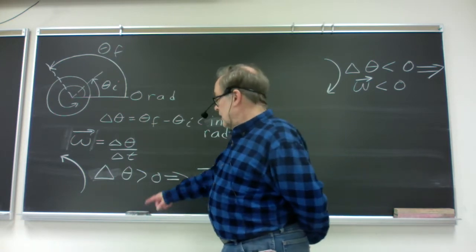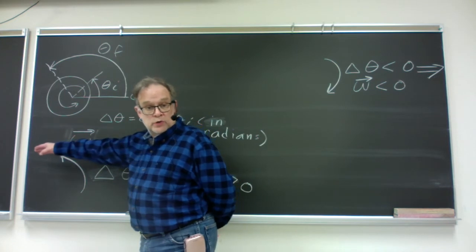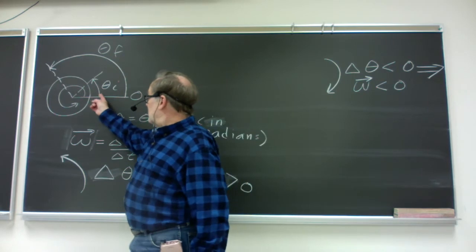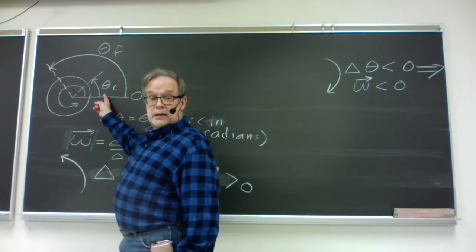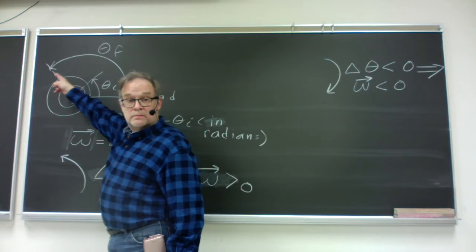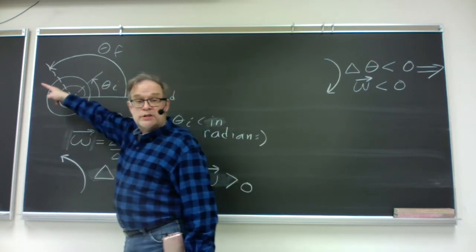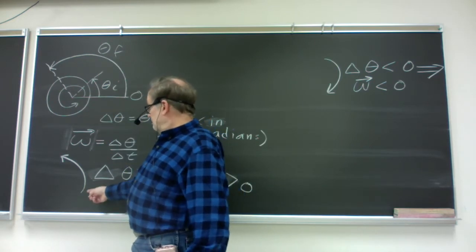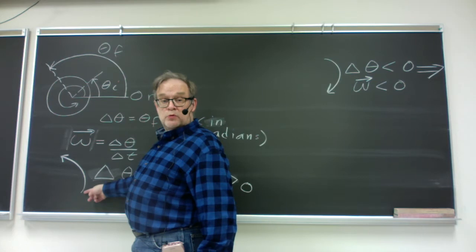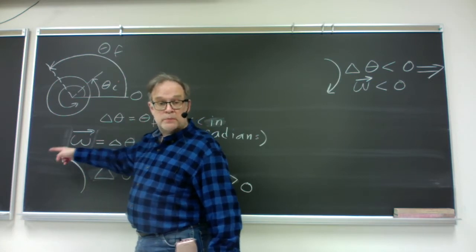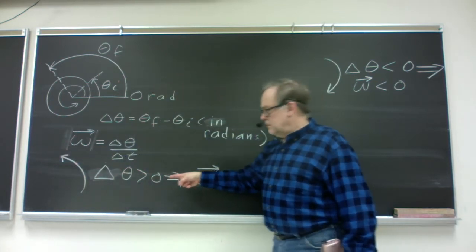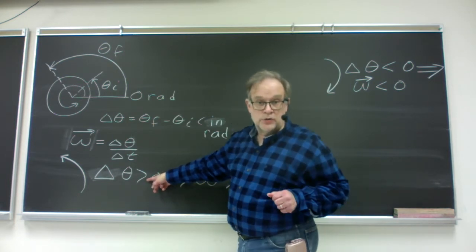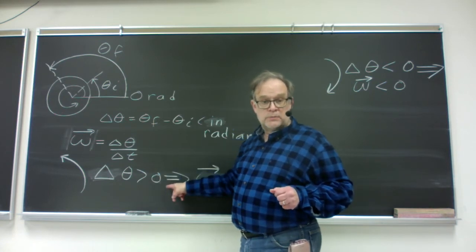And what we see then is if we have a counterclockwise rotation, then because we defined increasing angular location going this way, decreasing angular location would be going this way. Any counterclockwise rotation would be moving from a smaller angular location to a bigger angular location. So the change in angular location, we could call it angular displacement, is positive.